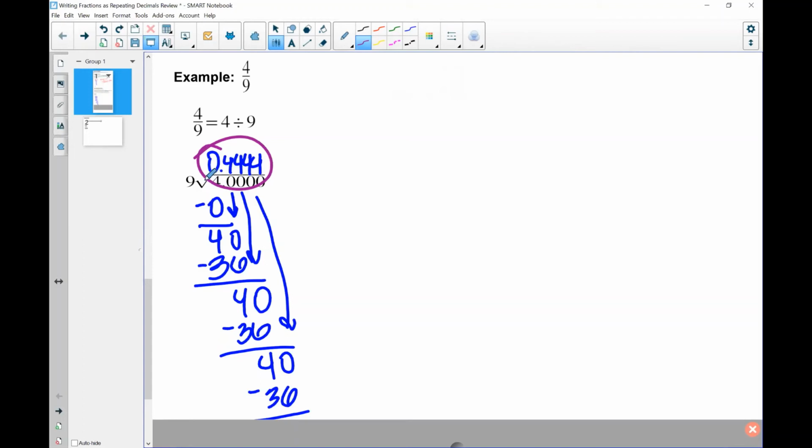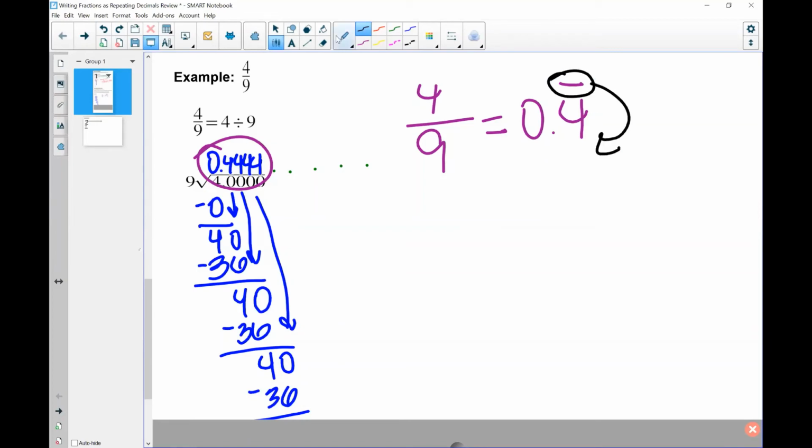Instead of doing all of this, you would write it like this: 4 over 9 will equal 0.4, and you put a line on top of the 4.